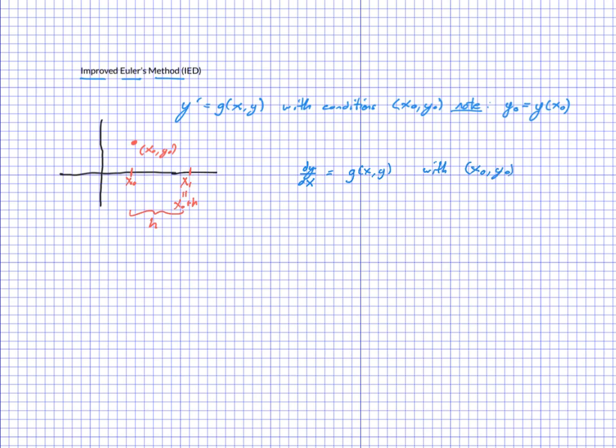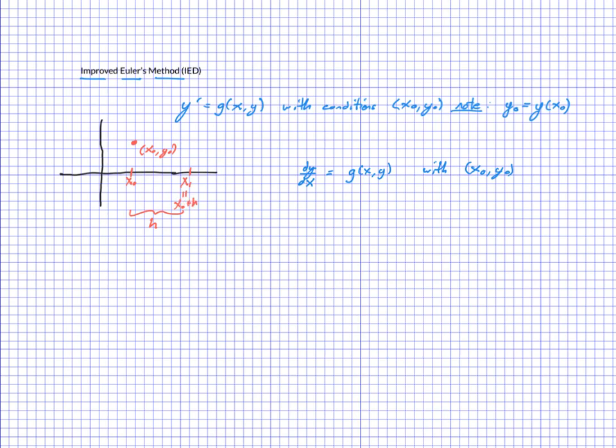And this is the whole trick to the improved Euler's method. I'm going to integrate both sides with respect to h, from x naught to x naught plus h.